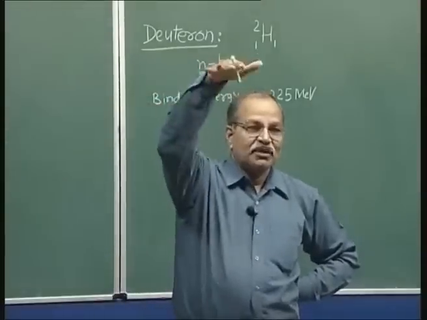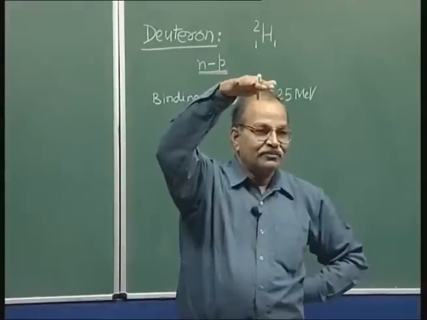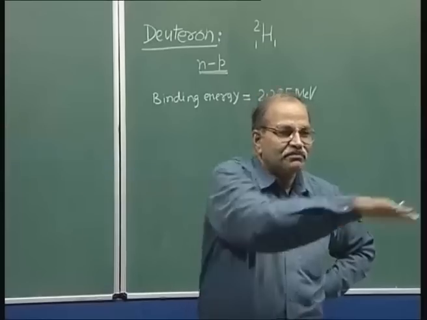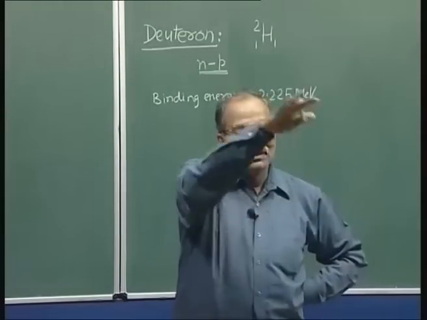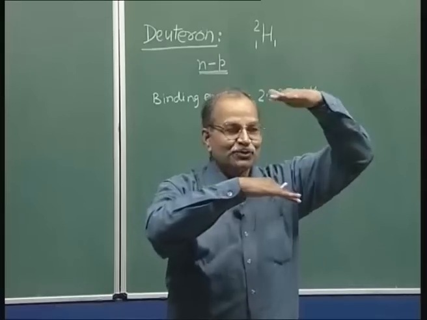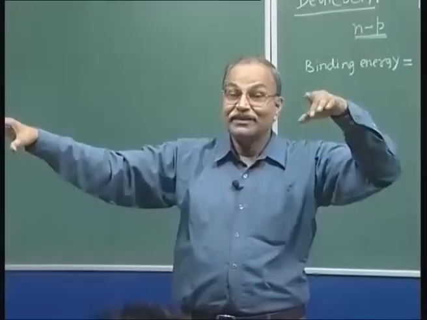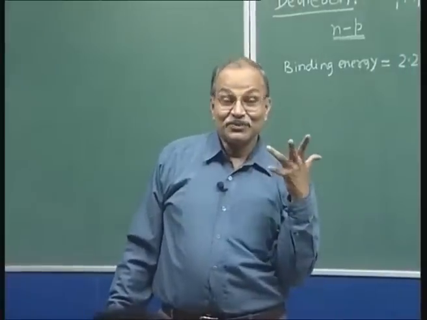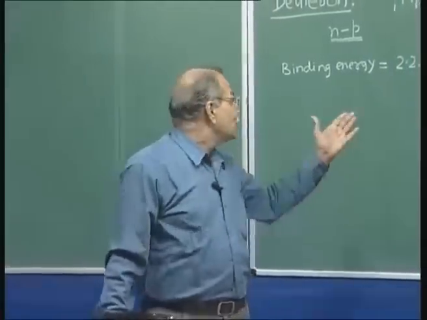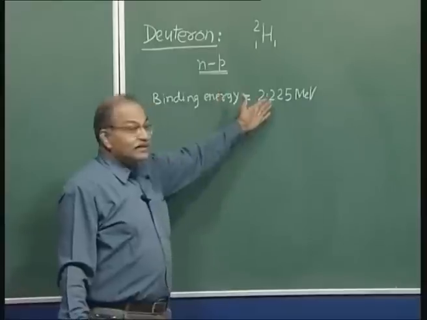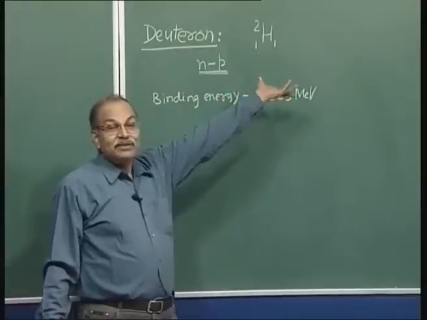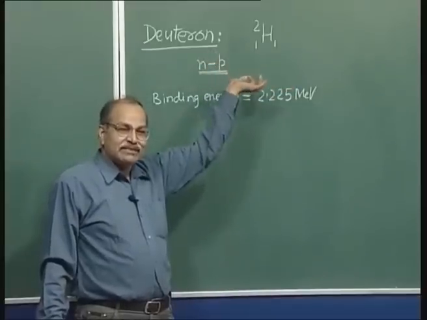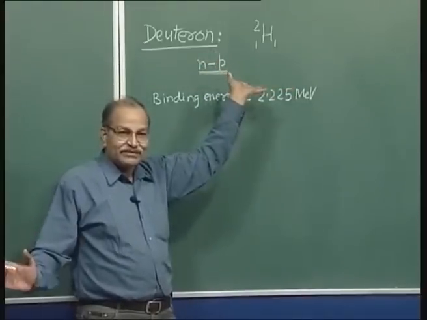It is maximum around iron and nickel, and then it slowly decreases, but mostly it will be somewhere around 7 to 8 MeV per nucleon, and here the binding energy per nucleon is 1.11 MeV or so. So, it is a weakly bound system in that context, right.